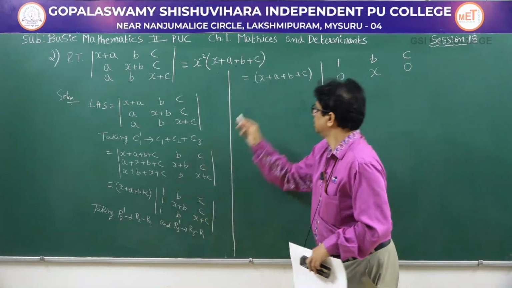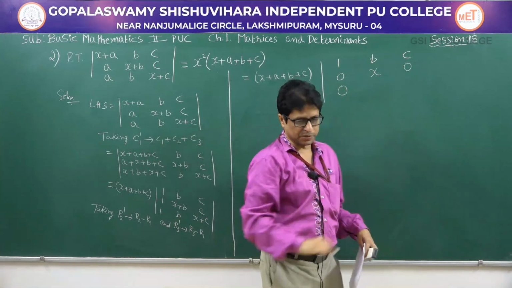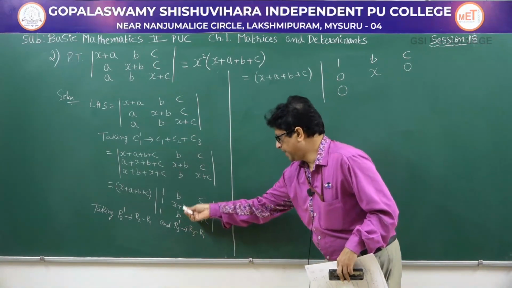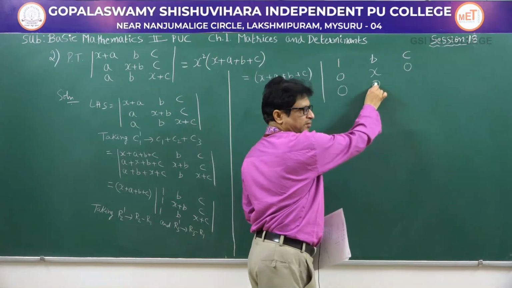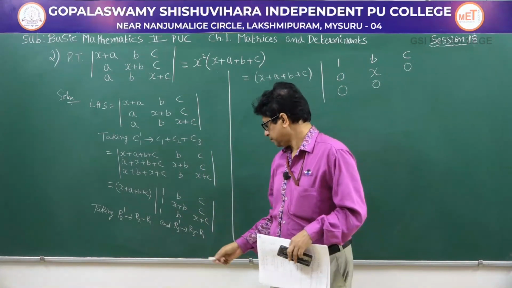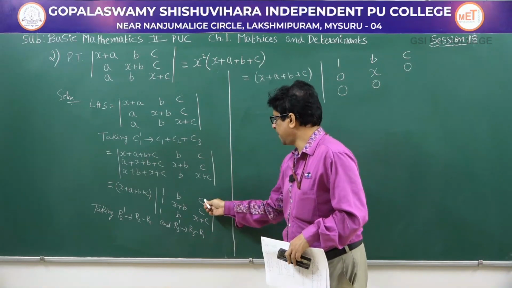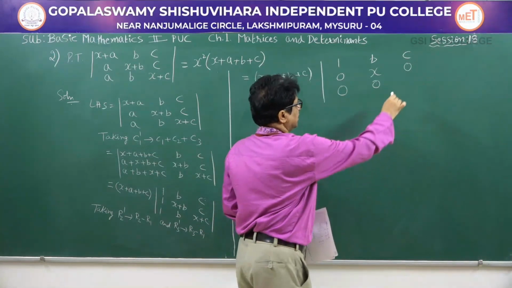Third row: 1 minus 1, 0, b minus b, we get 0, x plus c minus c, we get x.